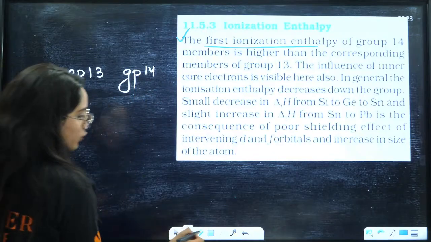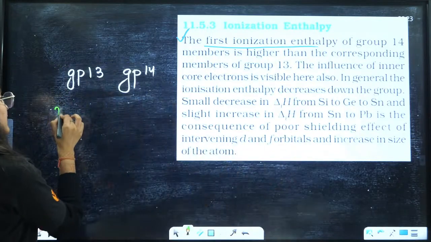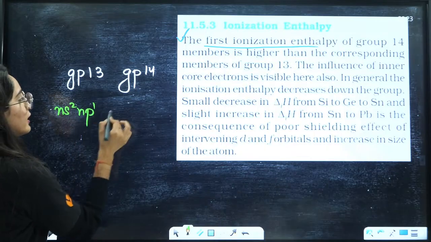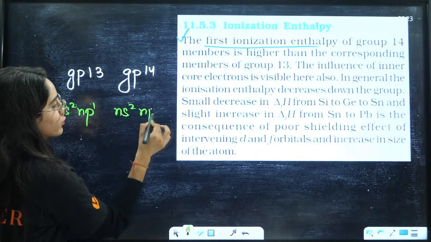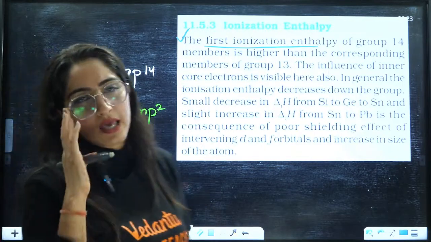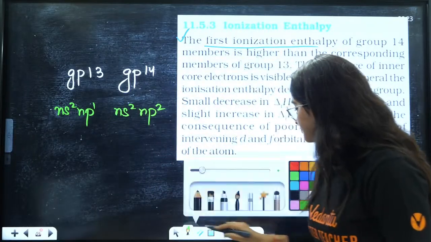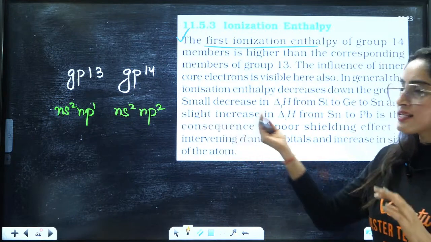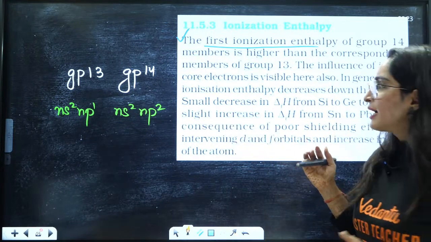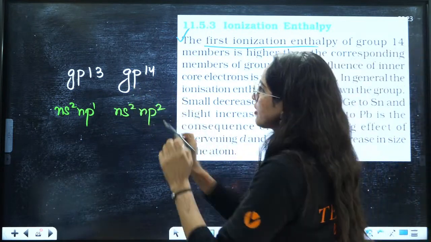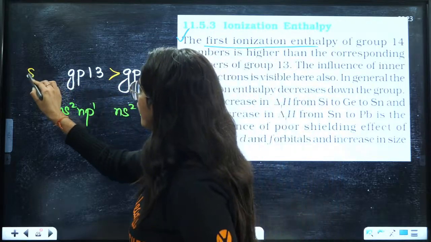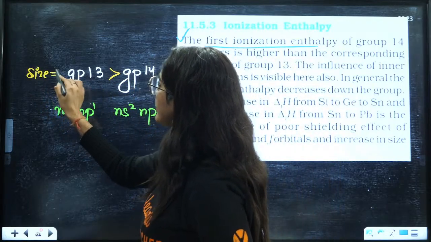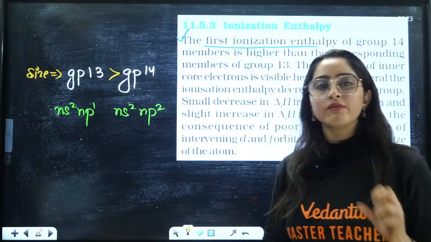Group 13 is ns2 np1, group 14 is ns2 np2, right? So in this case, what you will observe is that size is going to decrease along the period, right? That means the size of group 13 is more as compared to group number 14.